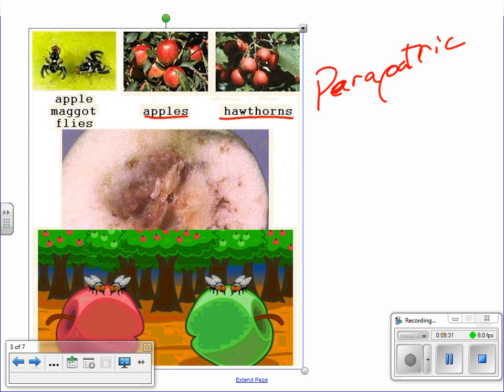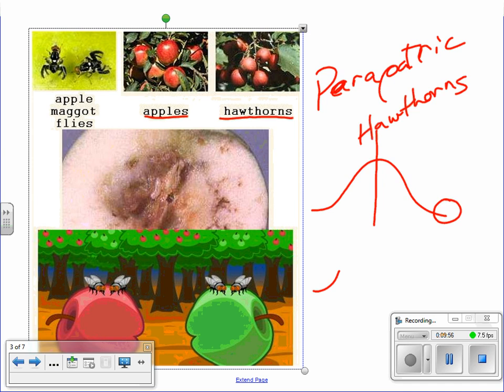So what we were left with is, at the start, a lot of flies were just mating and feeding off hawthorns. And after apples were introduced to the population, the flies that were more suited to breed and feed off of apples, which are over here, actually went through a sort of diversifying selection, where the hawthorn fruit flies were still feeding off of hawthorns, but we also had a large population now feeding off of apples.